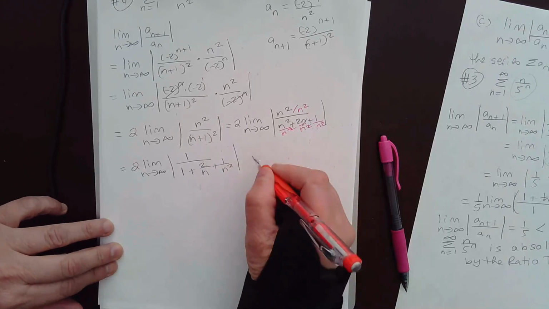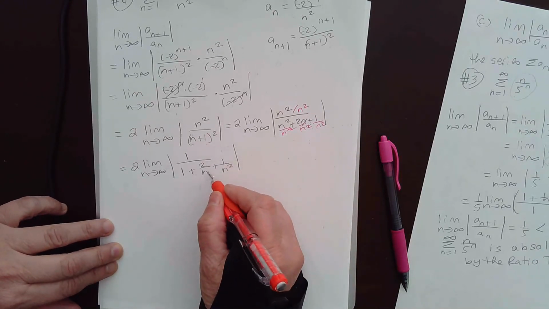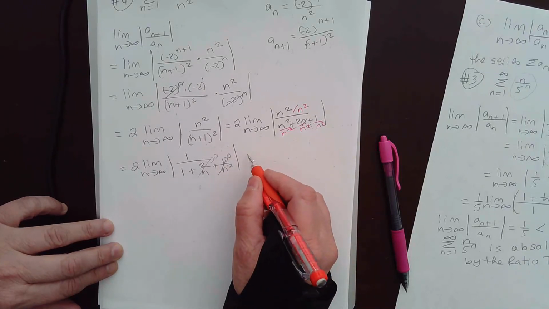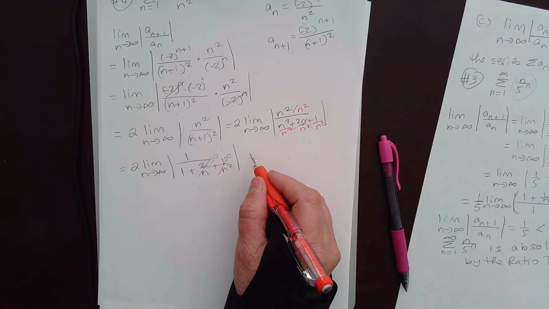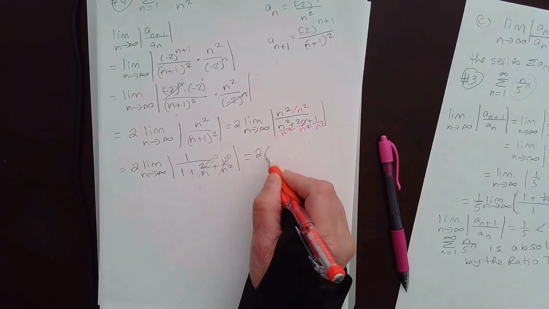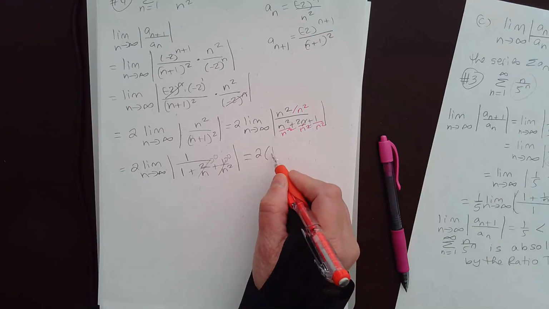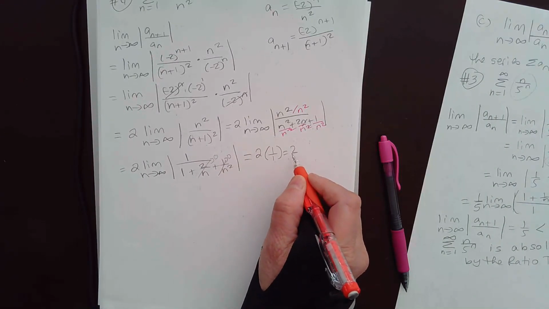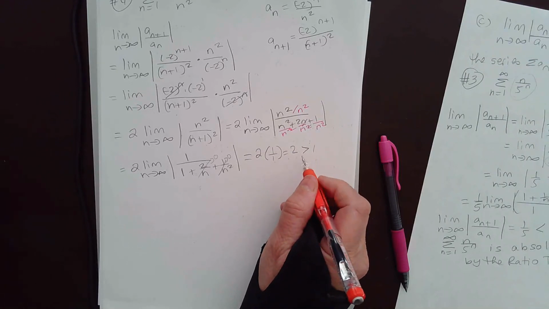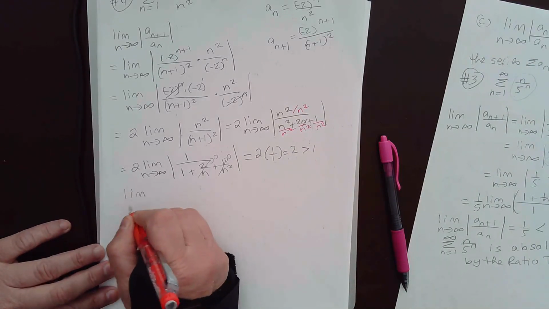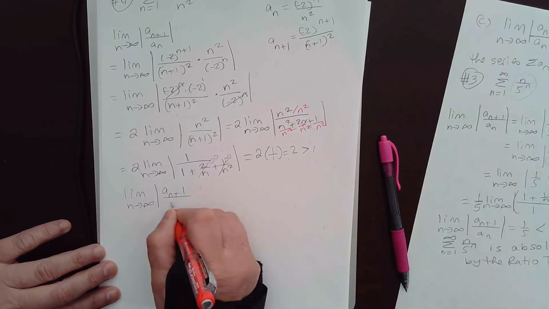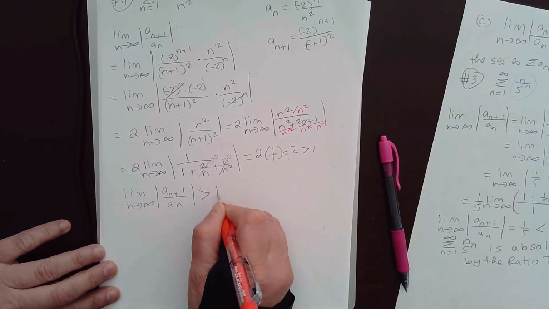And that gives us what? As n approaches infinity, these are going to approach 0. So that's going to be 2 on the outside times 1 over 1, or simply 2. But isn't that greater than 1? So what do I have? I have the limit as n approaches infinity of a_(n+1) over a_n greater than 1.